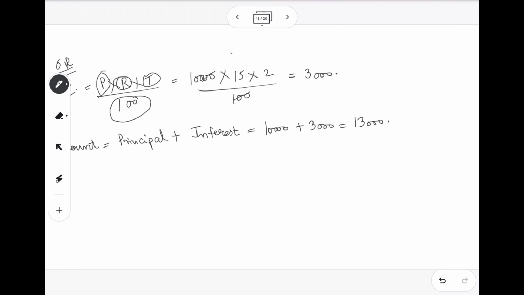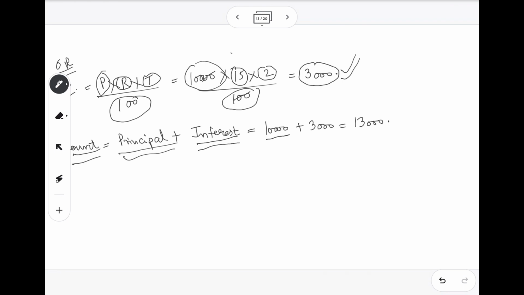So putting the values, we get 10,000 multiplied by 15 multiplied by 2 divided by 100, which again comes out to be equal to 3000. And the amount formula we know is principal plus interest, which is 10,000 plus 3000 gives the value as 13,000.